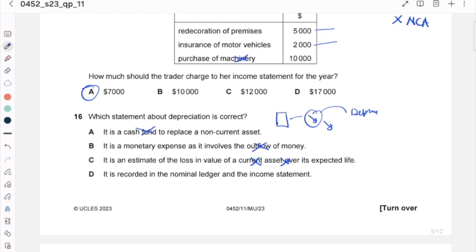D, it's recorded in the nominal ledger and income statement. Yes, in the nominal ledger they put it as provision for depreciation. In the income statement they put it as depreciation. So the answer is D.